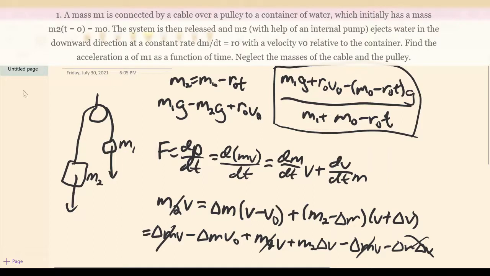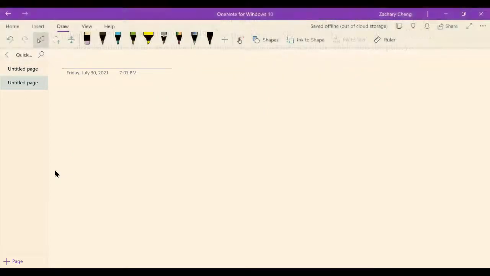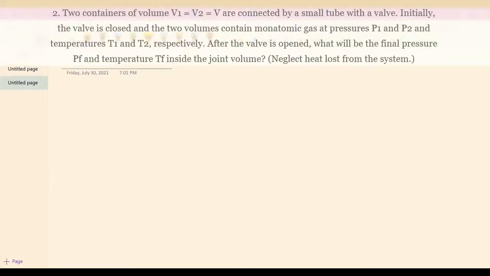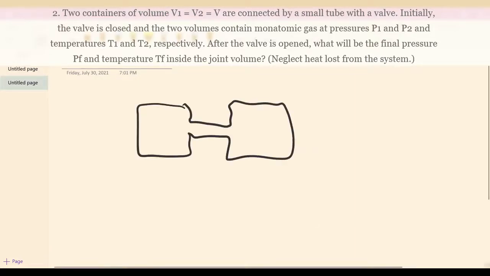Okay, so then for the second problem, we have these two containers, both of them have the same volume V, and these are the respective pressures and temperatures P1, T1, P2, and T2.